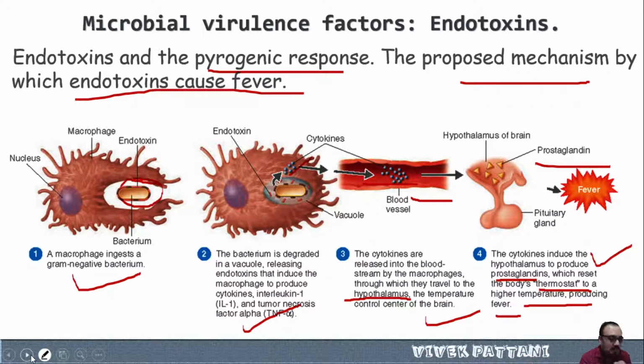The cytokines are released in the bloodstream by the macrophages, through which they travel to the hypothalamus, the temperature control center of the brain, and the cytokines induce the hypothalamus to produce prostaglandins, which reset the body's thermostat to a higher temperature, producing the fever.